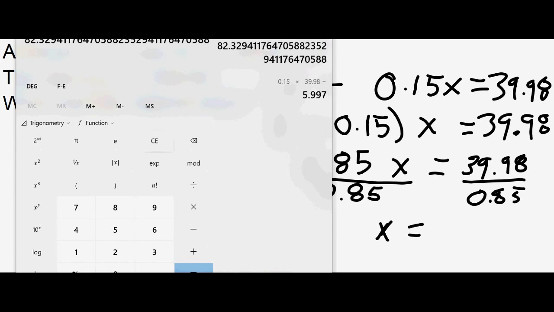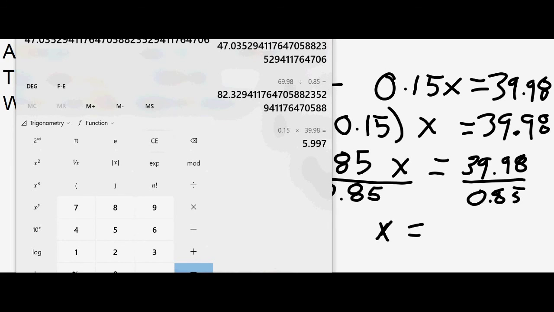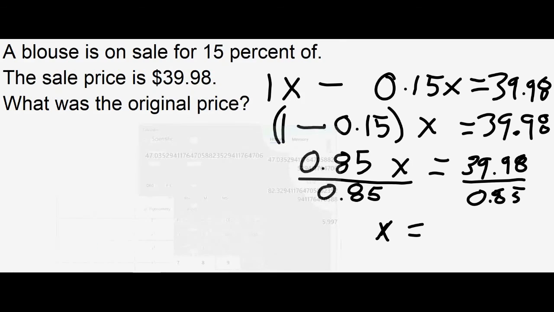I get a really strange original price because I hit the wrong thing on the keyboard. So I have to do it over again. 1, 2, 3, 4, 5. 39.98 divided by 0.85, and I get 47.04. My original price was 47.04.